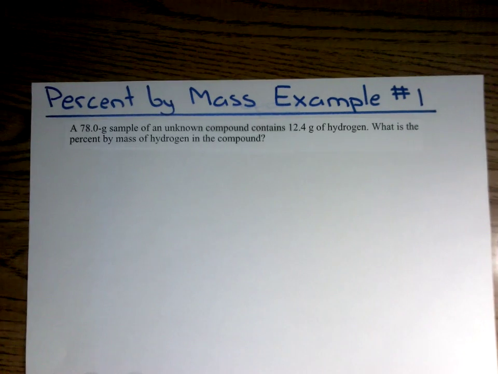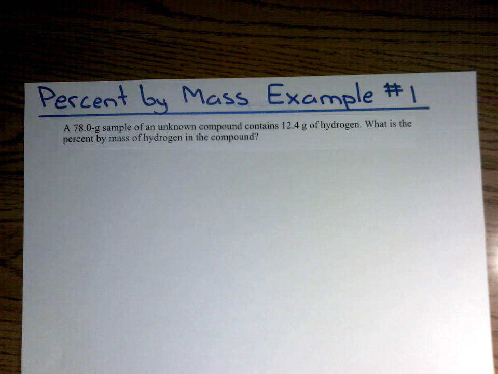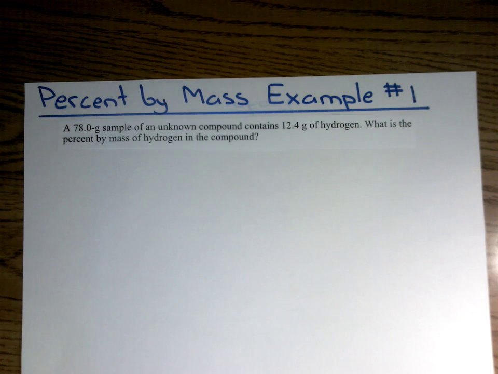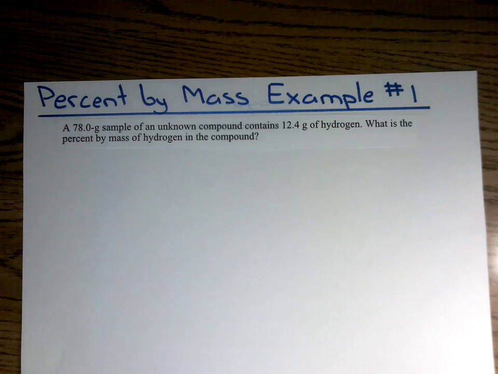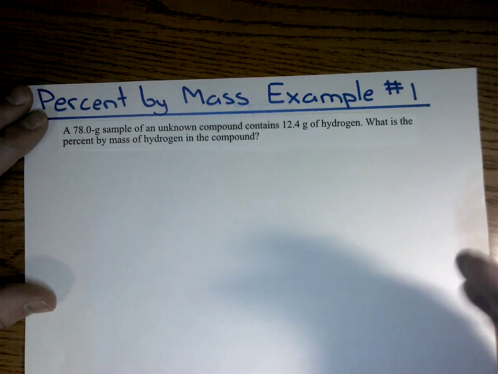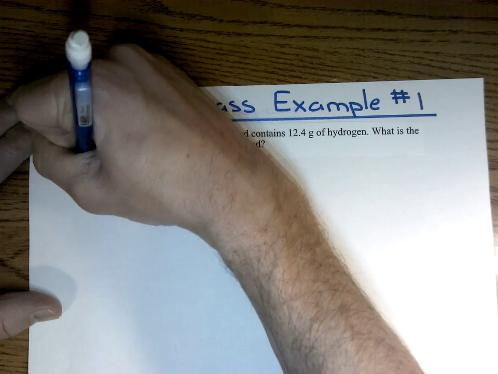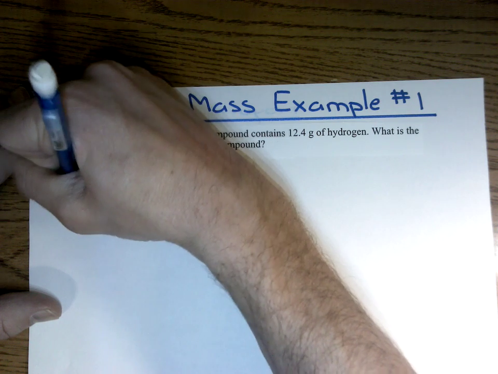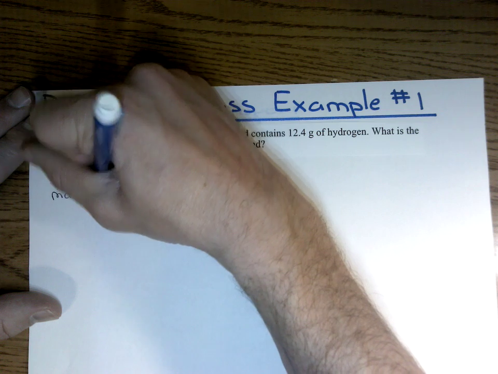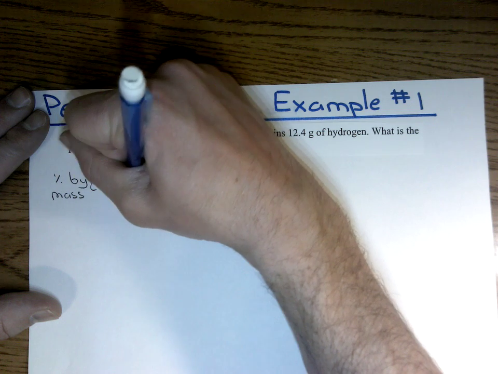Okay, so example problem number 1 says we have a 78-gram sample of an unknown compound. This compound contains 12.4 grams of hydrogen. We want to know the percent by mass of hydrogen in the compound. So again, I always like to start out by writing my formula. So this specifically is percent by mass of the specific element hydrogen.